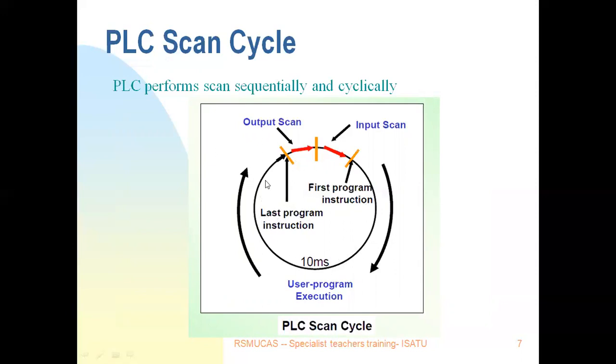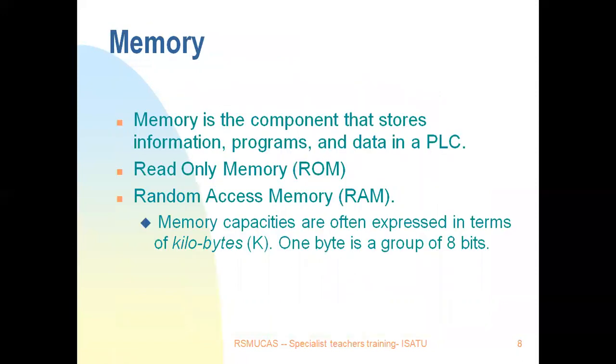This is a cycle. Cycle meaning it doesn't stop, no? It is a loop. Then sequential is by sequence: first instruction, second instruction, third instruction, up to the last program instruction. Usually it is measured in terms of milliseconds. In our example here, we have 10 milliseconds, and we do understand that 1 second is equivalent to 1000 milliseconds.